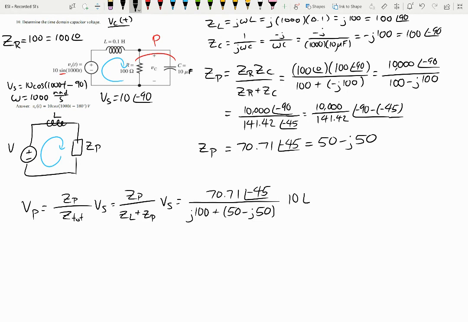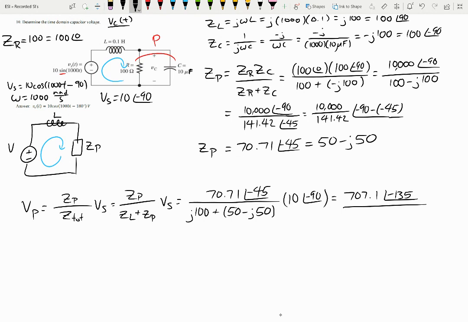We're just going to multiply the top: 707.1, and we're going to add those angles together, so negative 45 plus negative 90, negative 135.